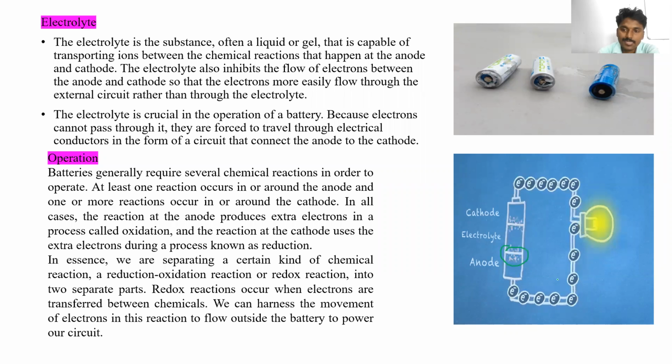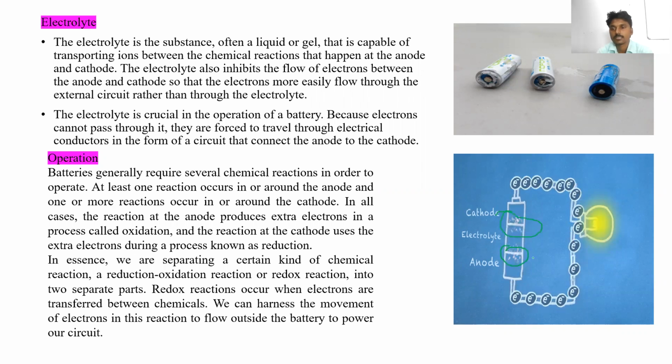Whenever this load is connected, the electrons released from the anode by the chemical reaction will flow through the load circuit, and these electrons will again enter into the cathode by the chemical reaction that takes place between the cathode and the electrolyte. Is it clear?